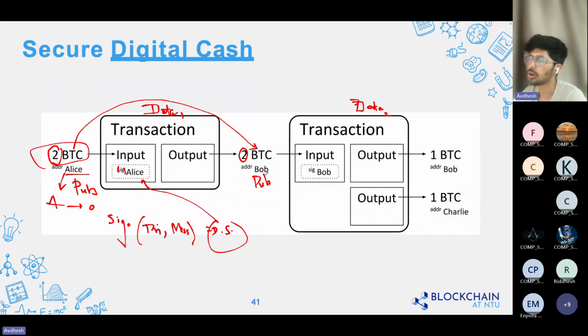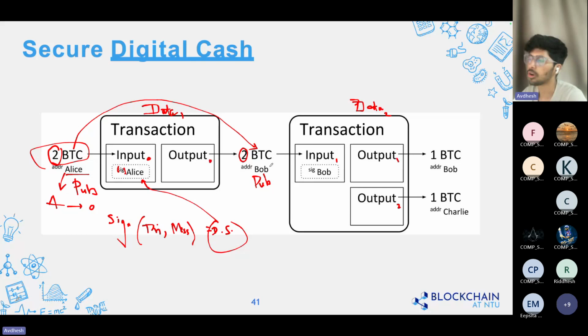But in Bob's case, if Bob just wants to send 1 bitcoin to Charlie, how does the bitcoin mechanism work here? Instead of one output, there will be two outputs. I'll write output one, output two. This is input one, this will be input zero, output zero.